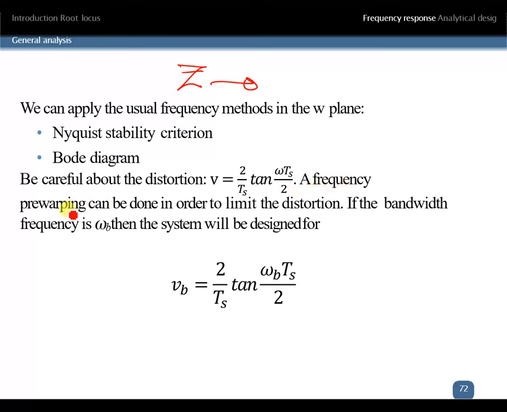A frequency prewarping can be done in order to limit these distortions. If the bandwidth frequency is ωb, then the system will be designed for v_b equal to 2/Ts tan(ωb Ts/2). This one, with one example, becomes more clear.